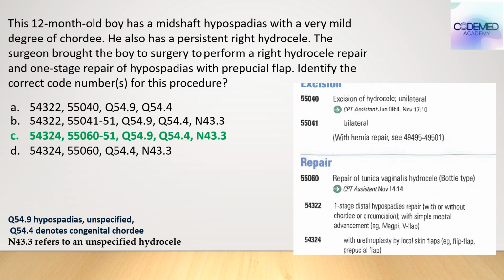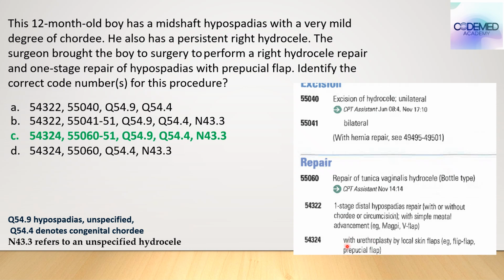If you see the code 54322, it talks about one stage distal hypospadias repair with simple meatal advancement, while 324 is with urethroplasty by local skin flap, example flip flap and preputial flap. Preputial flap you can already see here, and it is a one stage.